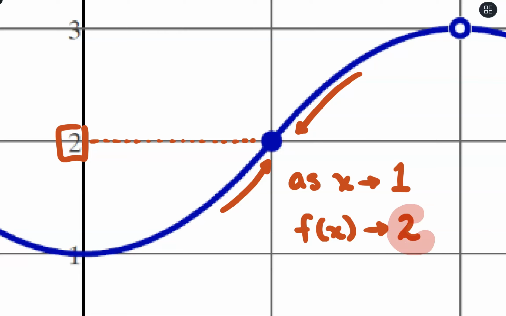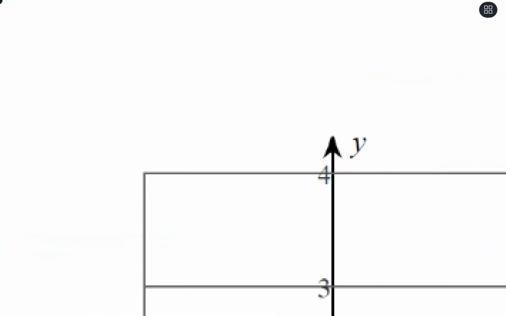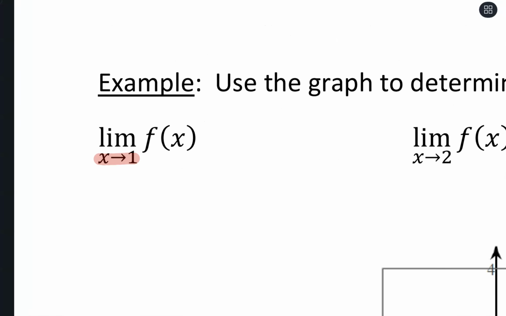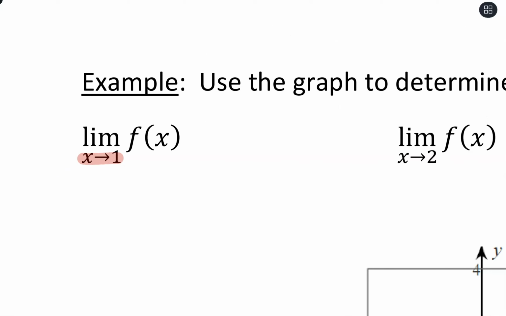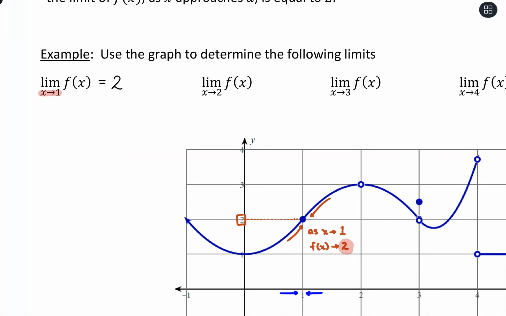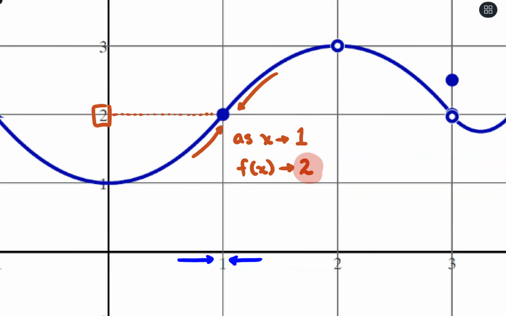And that value of 2 right there, that's our limit. The limit of f of x as x approaches 1 is equal to 2, because that's the y coordinate that we're getting closer and closer to. So it's this squeezing around of the point.